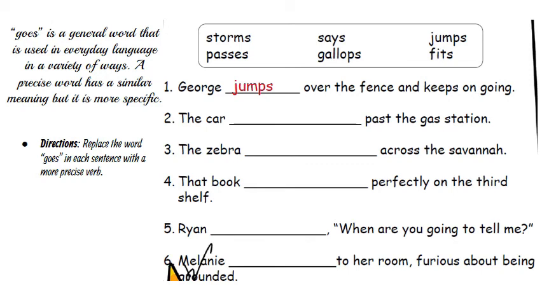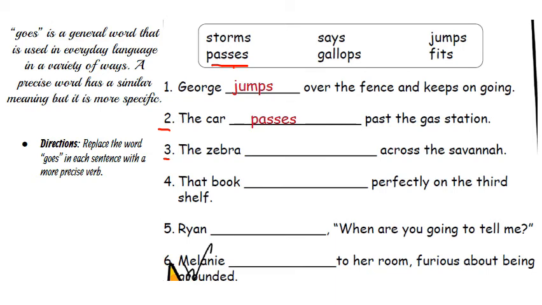George jumps. Number two, the car goes past the gas station. But I can also use the word passes. Passes means goes past it.